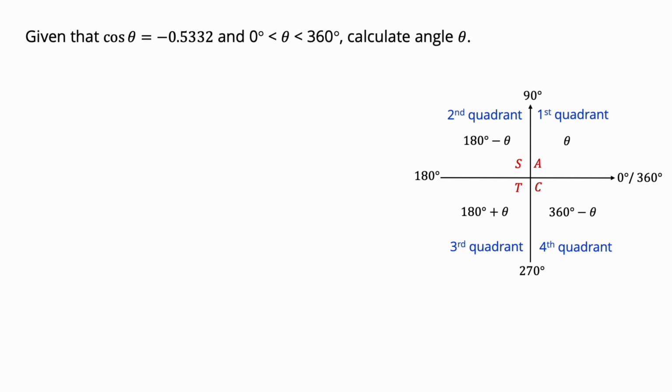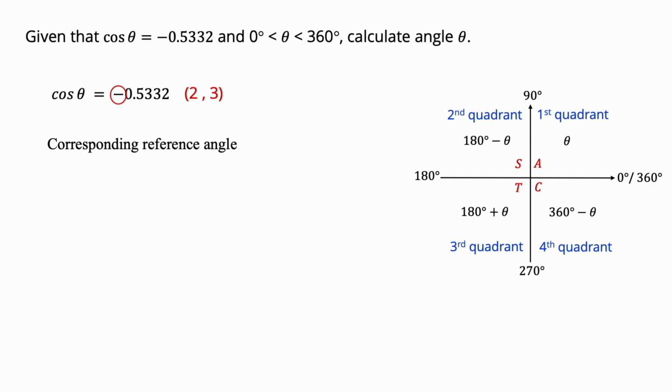That is 38 degree or 142 degree. Given that cos theta equals minus 0.5322 and theta greater than 0 degree but less than 360 degree, calculate angle theta. Identify the quadrant. Cos theta equals minus 0.5322 for negative sign of cosine. Theta is in second and third quadrant.